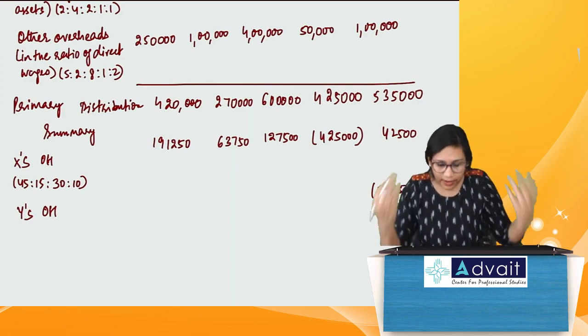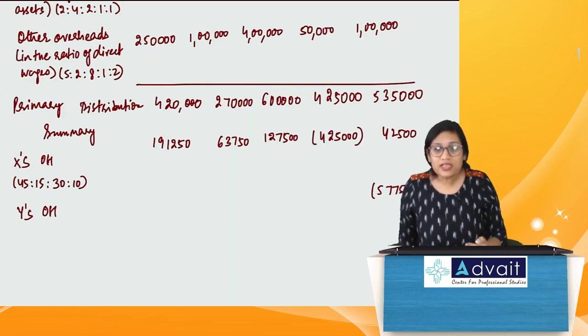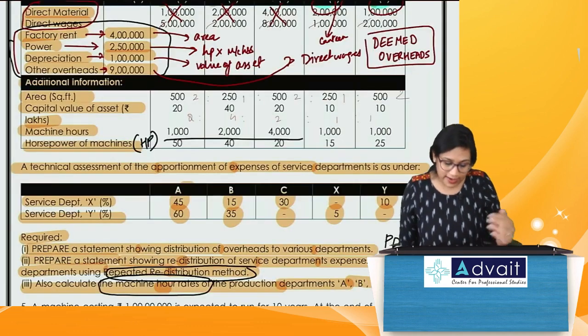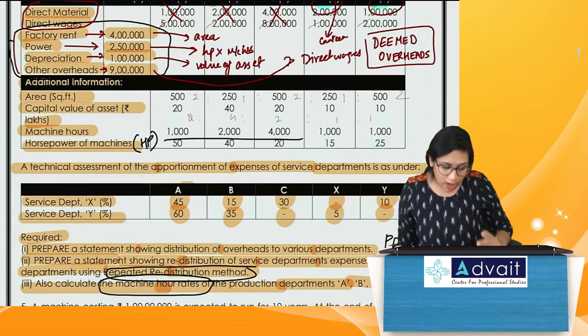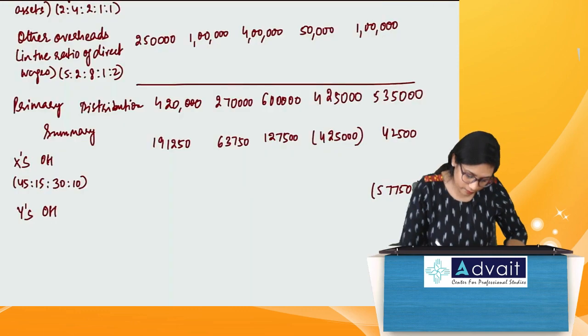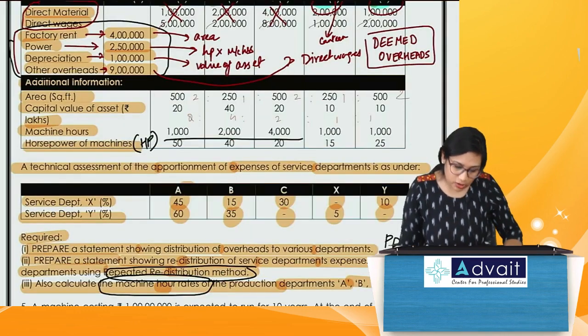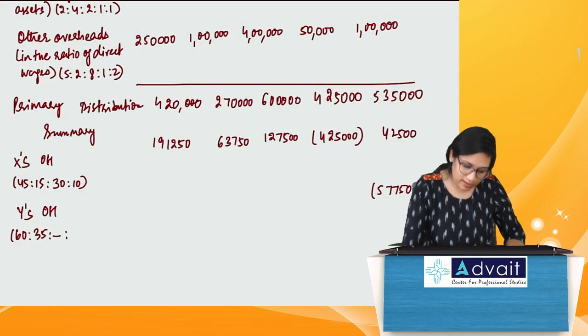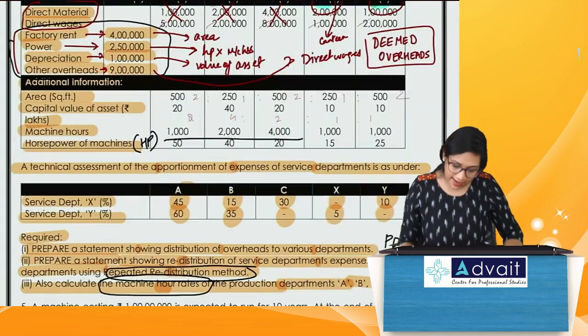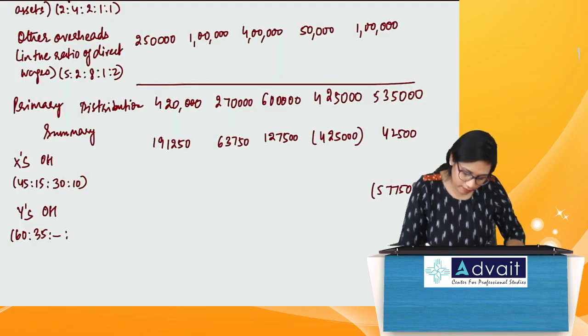We'll again divide it. So Y's overhead. Y is dividing its expenses in the ratio of 60-35. It gives nothing to C, and it is giving X 5%.